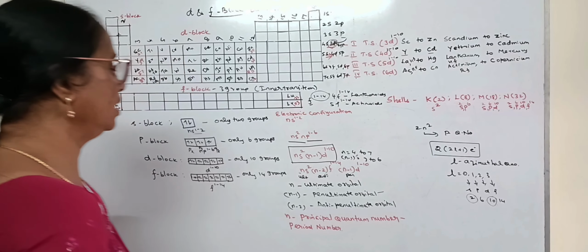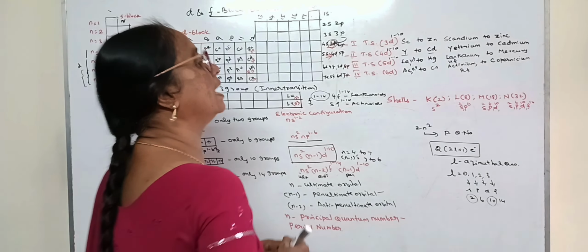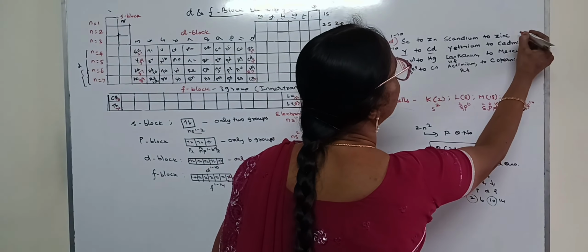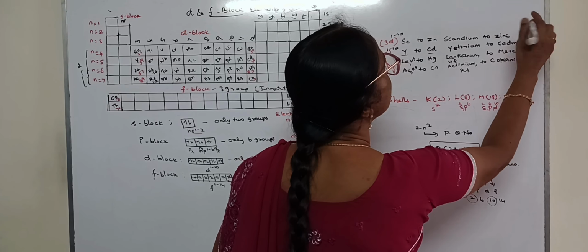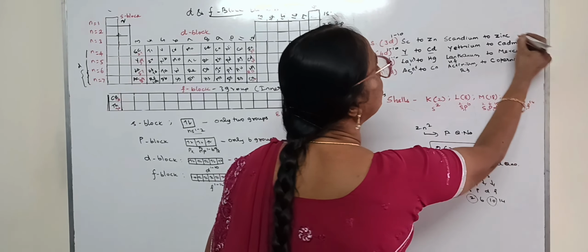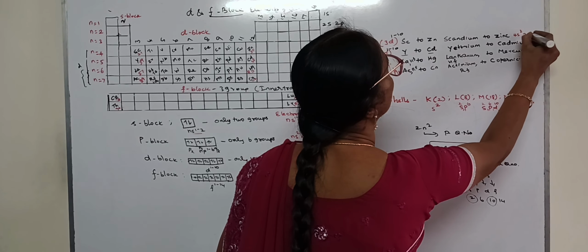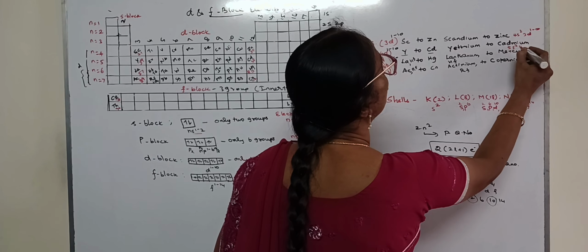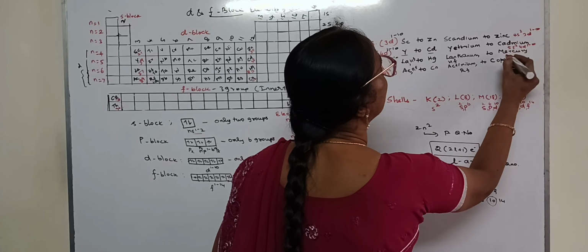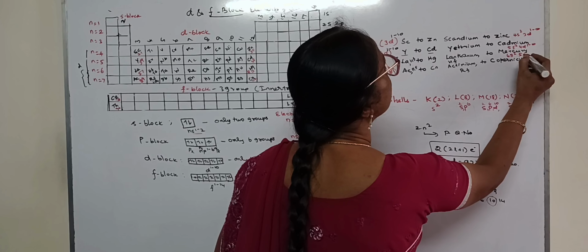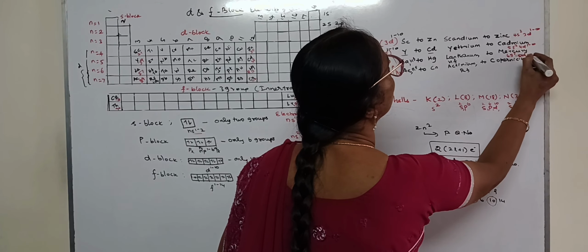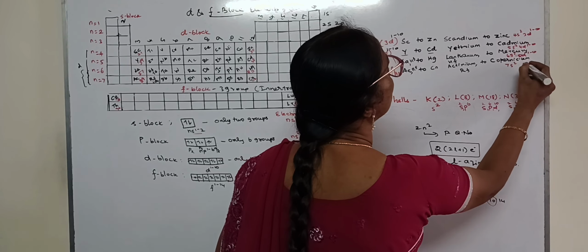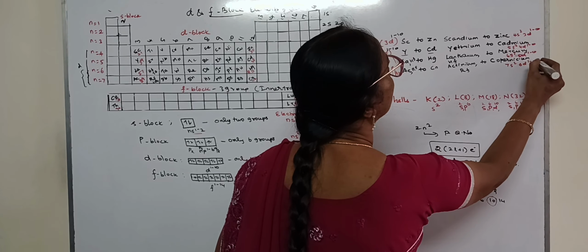Correspondingly, we can have a different electronic configuration for each series. The electronic configuration of the first transition series is 4s2 3d 1 to 10. Similarly, this is 5s2 4d 1 to 10. Then the next one, 6s2 5d 1 to 10, and then 7s2 6d 1 to 10.